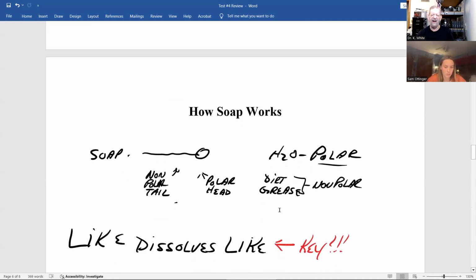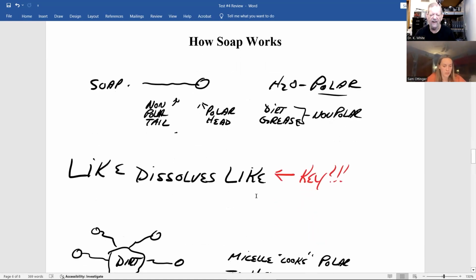And once more, let me remind you, you should know how soap works leaving my class. You should know the structure of soap: non-polar tail, polar head. Water is polar, dirt and grease are non-polar. By the way, when I write something in red, it's real important. The key to how soap works is like dissolves like.